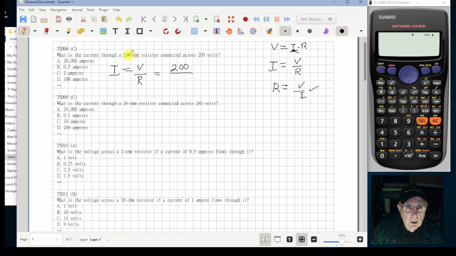The resistor is 100 ohms. But you don't even need a calculator for this one. That zero cancels that out, that zero cancels that out, and we're left with 2 over 1. Well, 2 over 1 is 2 divided by 1, or just 2. So the current going through a 100 ohm resistor connected across 200 volts is 2 amps.